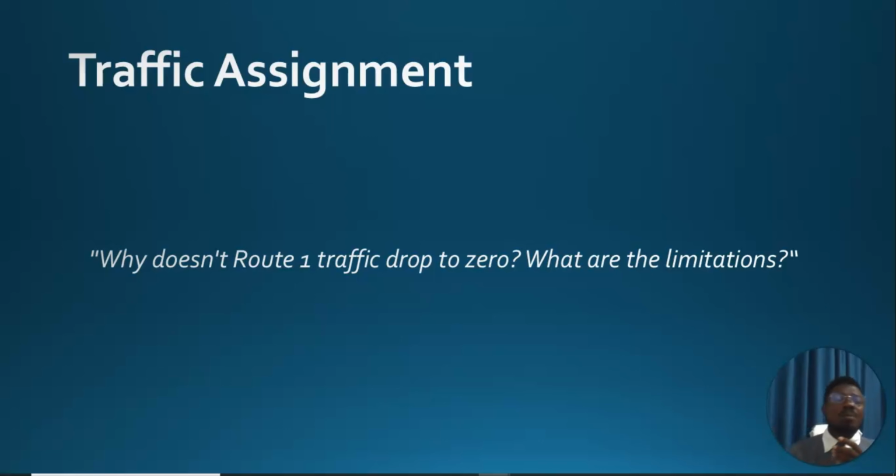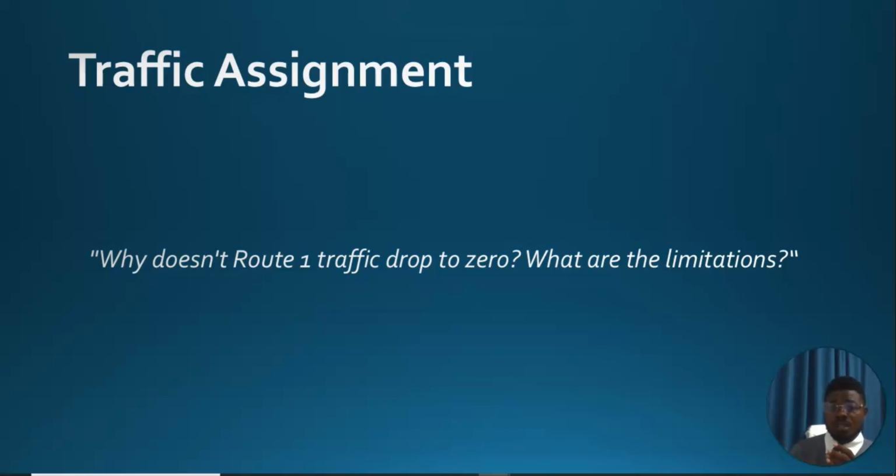Another thing can be destination proximity. Some people decide to go through Route 1 because not everyone will spend the same number of minutes on that road. Some people believe they are much closer to their destination when they go through Route 1 than through Route 2 or Route 3.